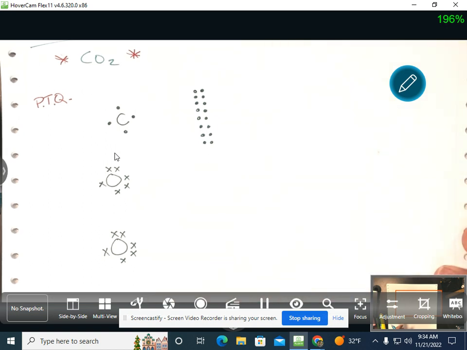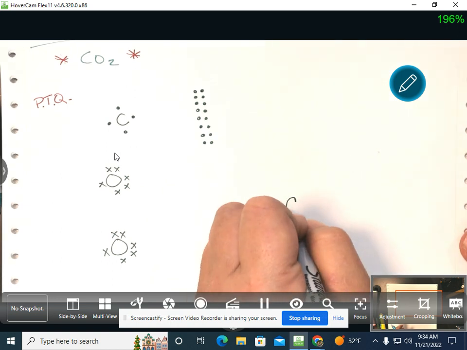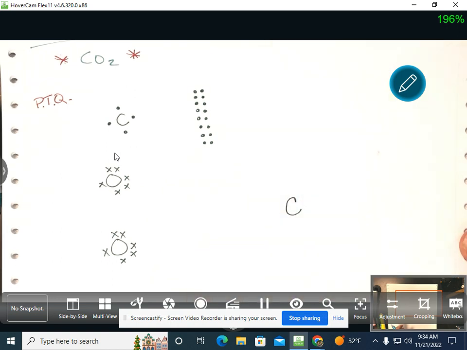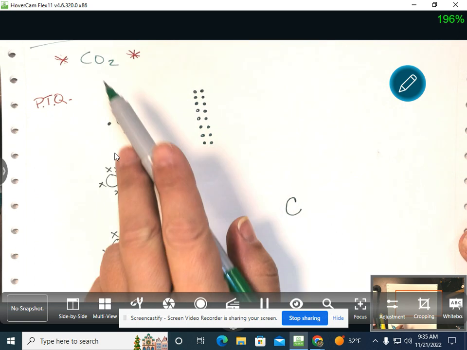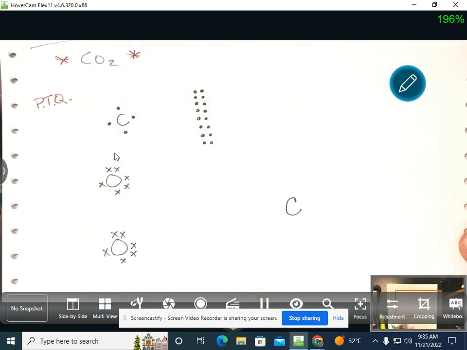Now, what I'm going to do is take the carbon, which is the least electronegative element, and glue the oxygens to that carbon. Oxygen is more electronegative than carbon, isn't it?